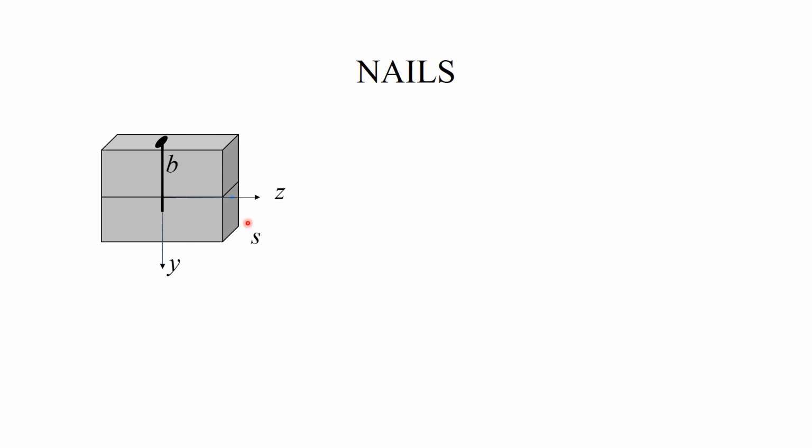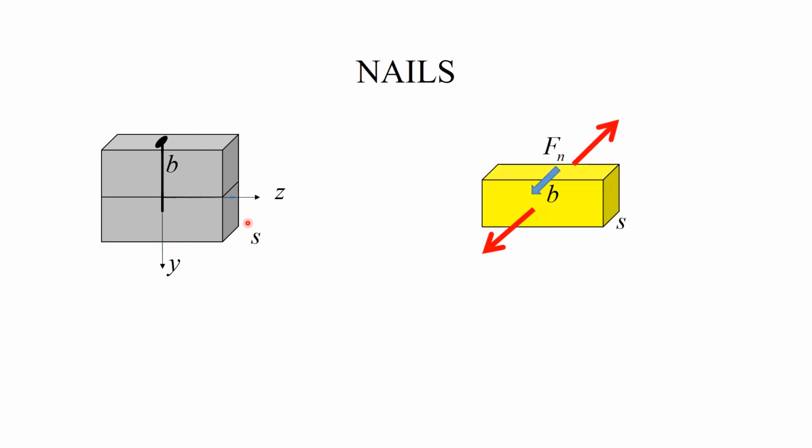Instead of using delta X, I choose as the reference length the spacing between the nails, because that's what really tells me how nails are distributed along the beam, with a certain spacing s. Accordingly, my free body diagram will involve the familiar red forces, and the only force that I show is the force transmitted by the nail. I have only one nail in this setting, so there is only one force.